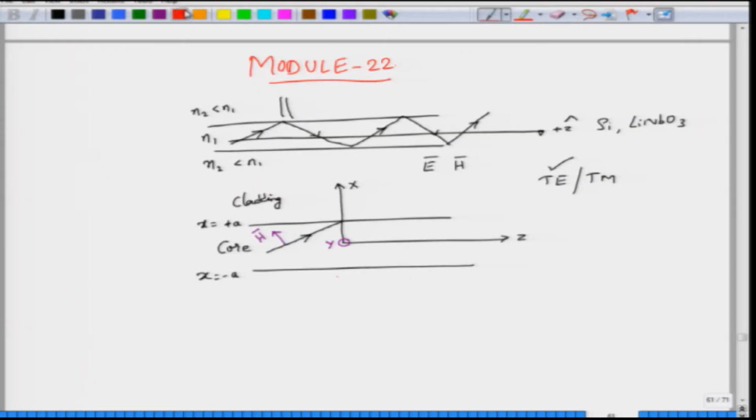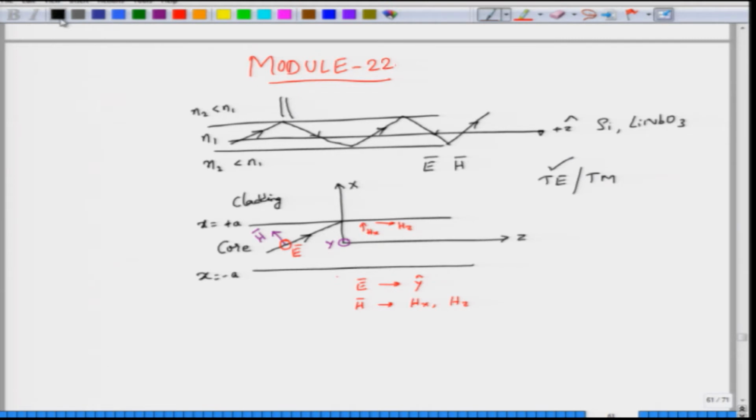However, for this case the electric field has to come out of this page, it has to lie along y. So, the electric field is polarized along y, and then the magnetic field will have two components, Hx and Hz. The Hz component would go something like this, along the z direction, and then the Hx component would be in this manner.